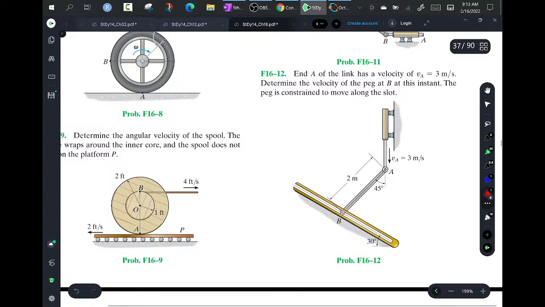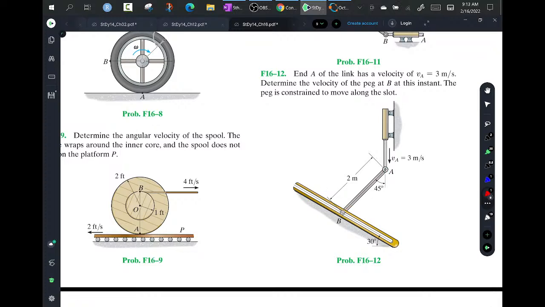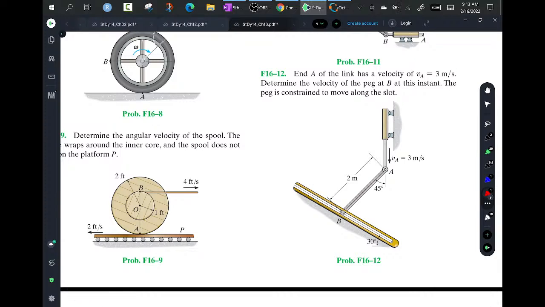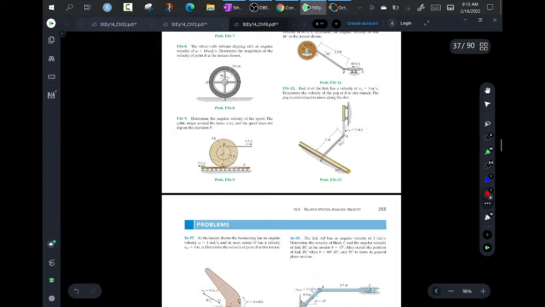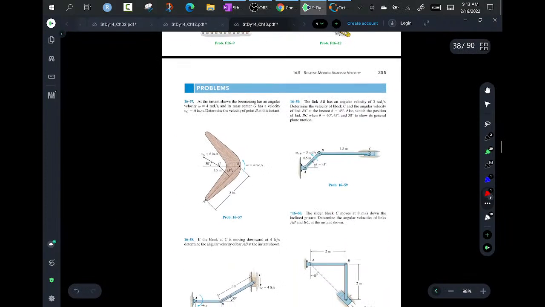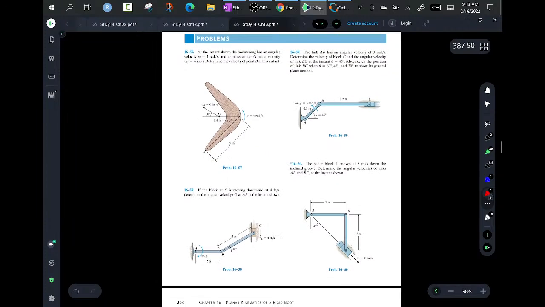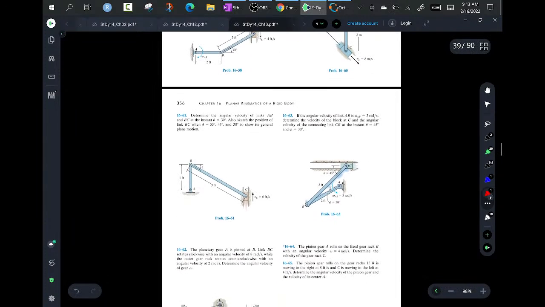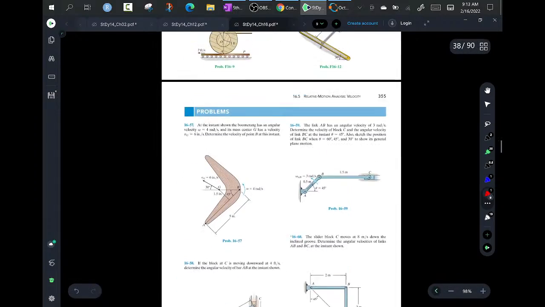So I'm going to go ahead and solve this one, and then I'm going to introduce this to the next thing, which is instant center. Let me see if there's one that might be more interesting there. That's good enough right now.